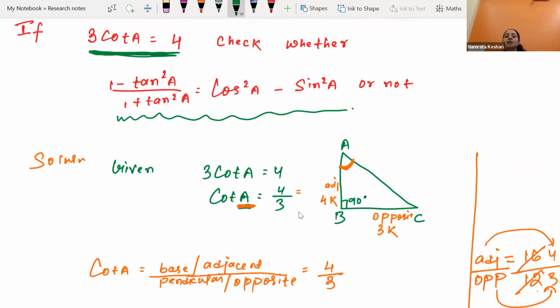Now your question will be, then why did we apply that much effort to find the hypotenuse and all? We have done that for finding the other ratios, that is cos and sine. Getting it? Yes, ma'am.